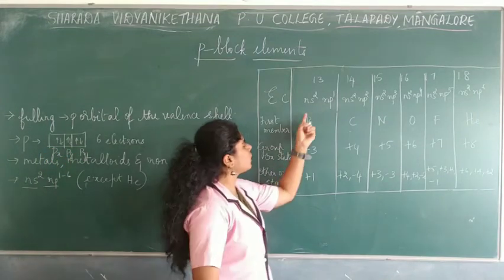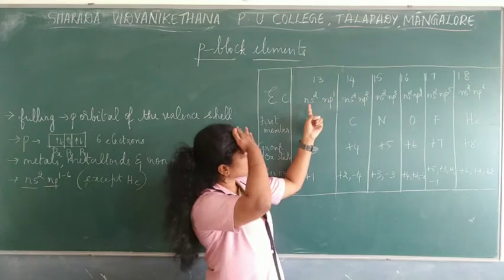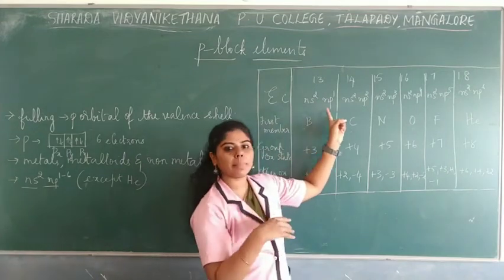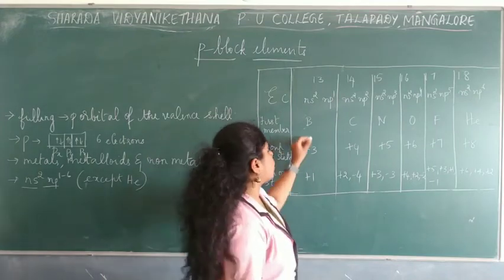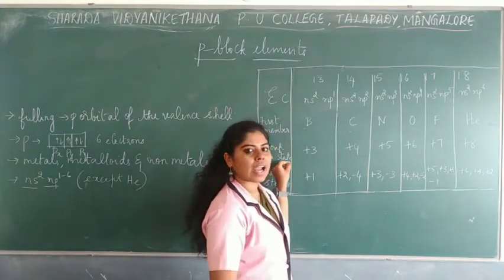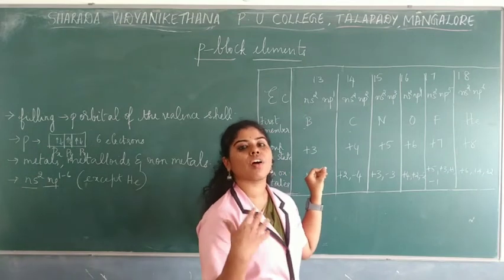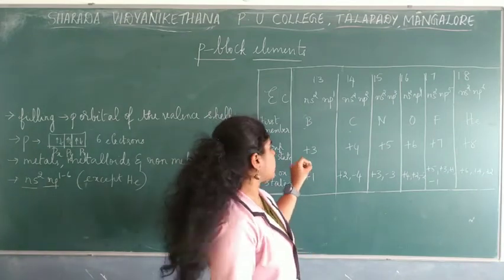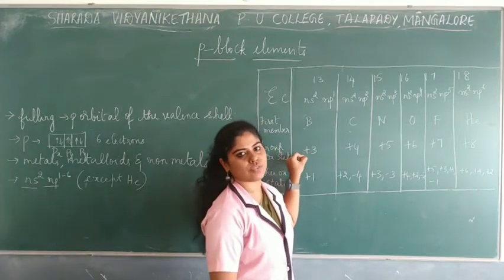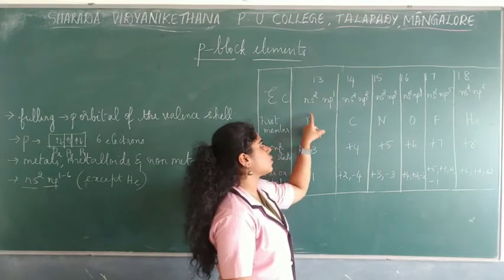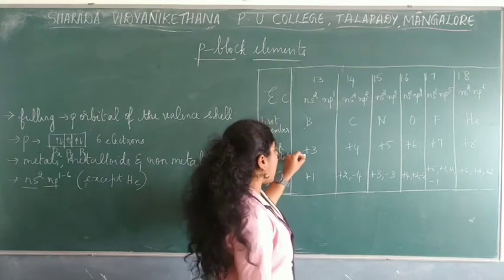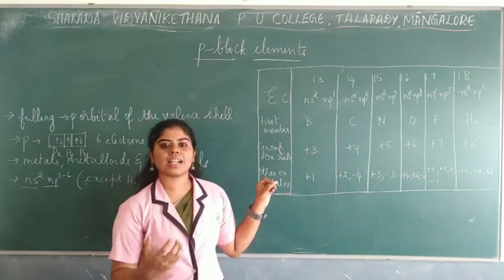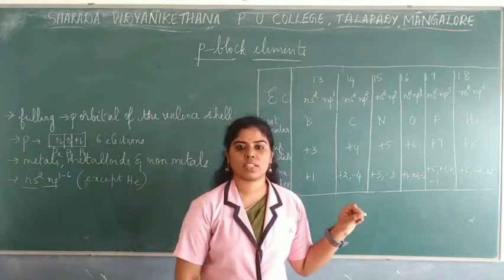So in this group 13, there are 2 s electrons and 1 p electron, which means there are 3 electrons filled in the shell. That's why you have the oxidation state as +3. And these oxidation states are also called the group oxidation states.